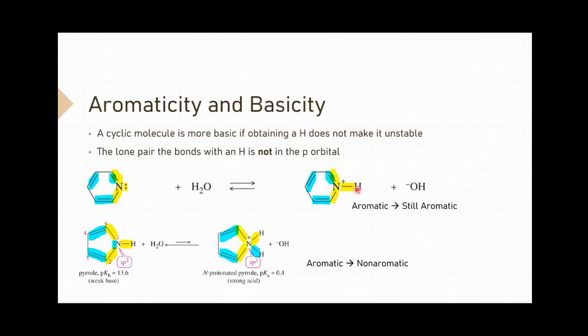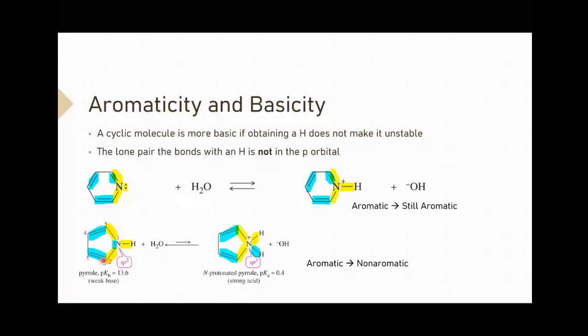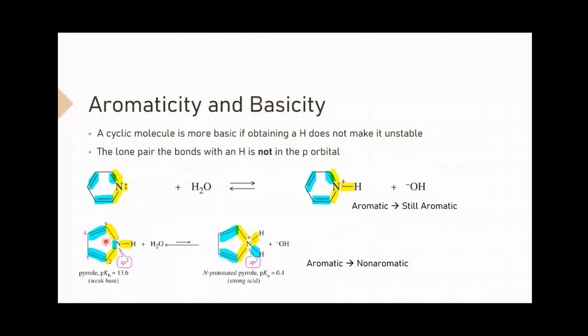If these lone pairs obtain an H, I went from aromatic because I have 6 pi electrons here to still having 6, so it's still aromatic. So this reaction would still happen.